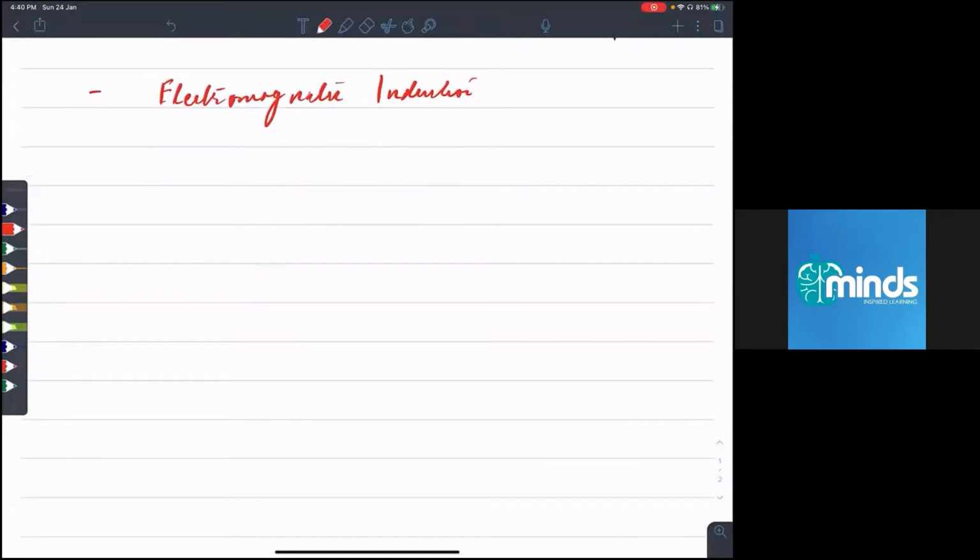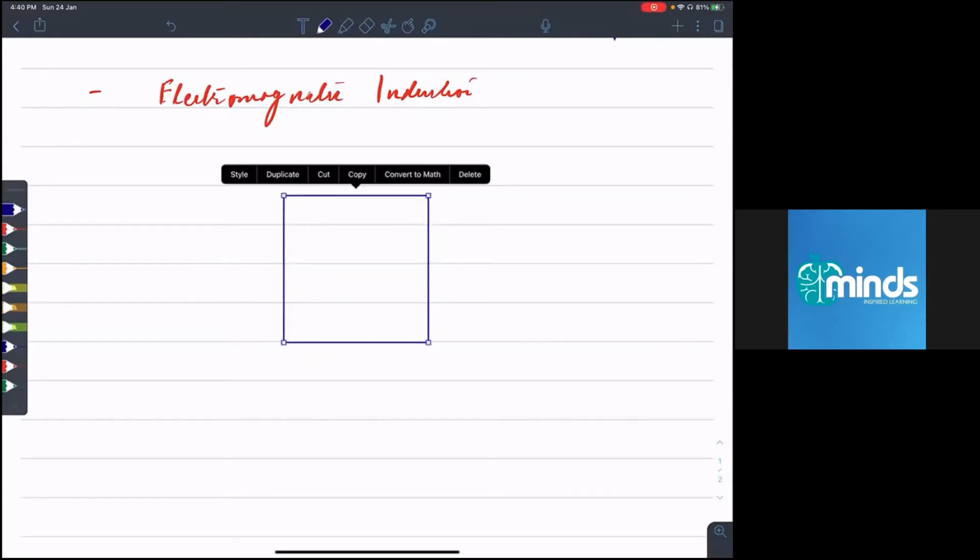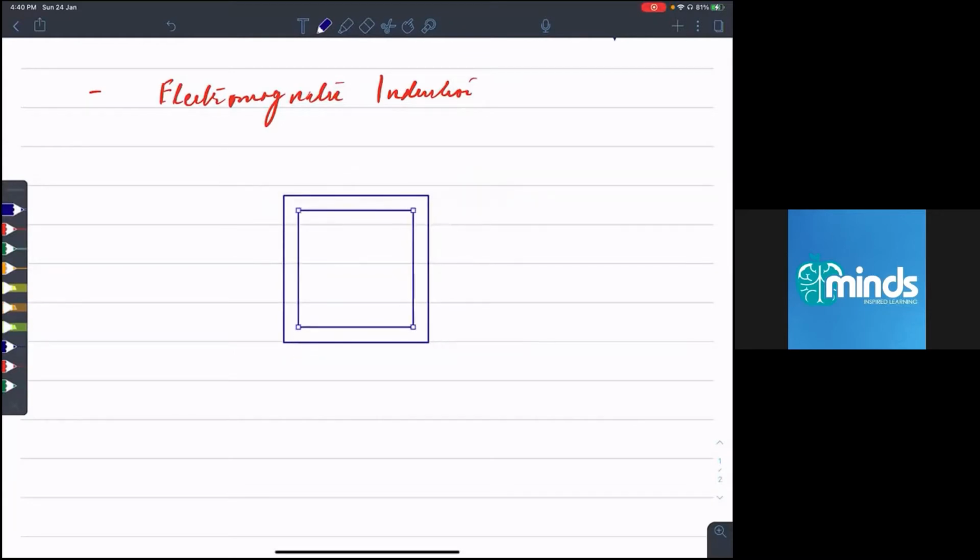How are transformers designed? To design a transformer, we use a metallic frame. This metallic frame is actually three-dimensional. To keep things simple, I'm not producing a three-dimensional image, but this should be three-dimensional.